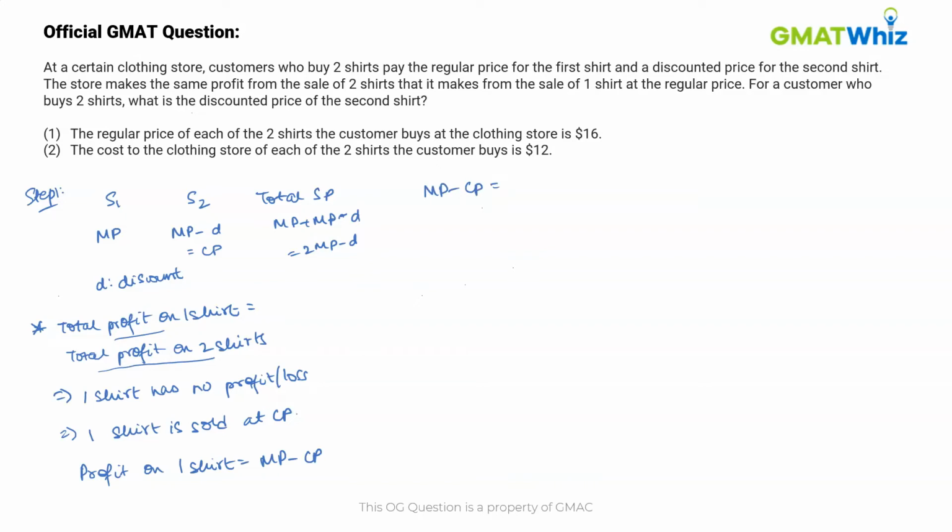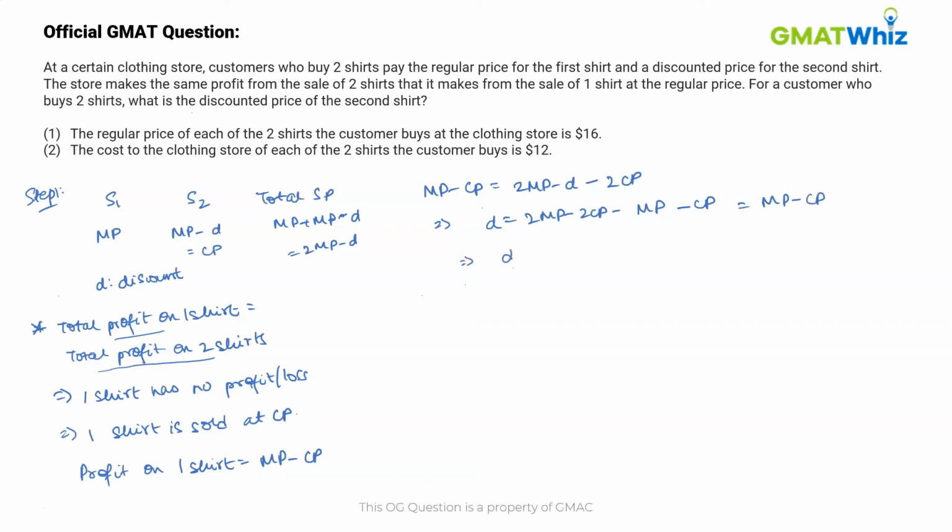Now the profit on the two shirts will be the total selling price, which is 2MP minus D, minus the cost price of both the shirts, so that is minus 2CP. This gives us D equals 2MP minus 2CP minus (MP minus CP), which is equal to MP minus CP.